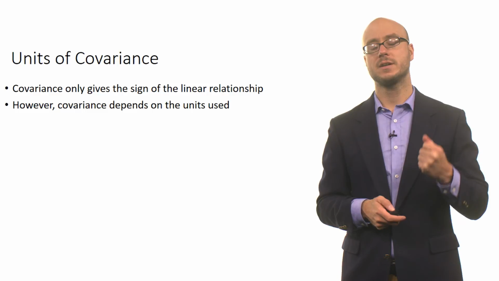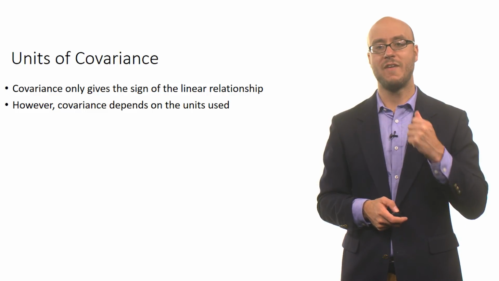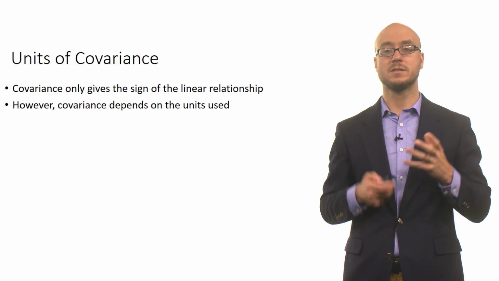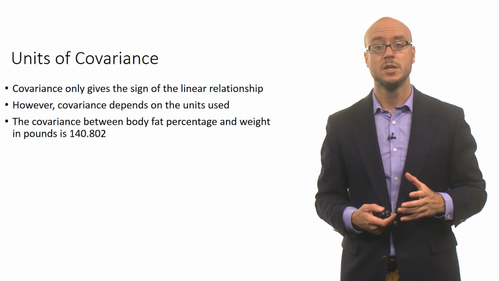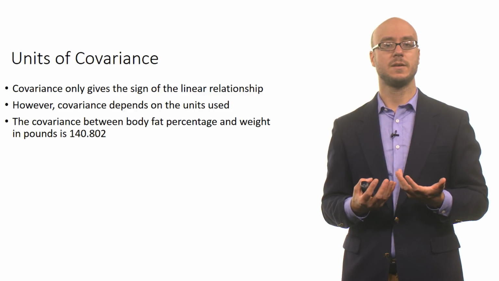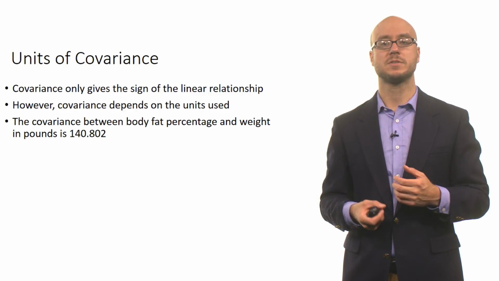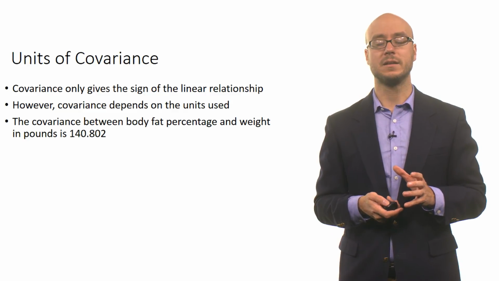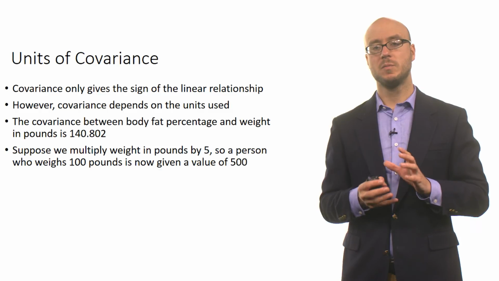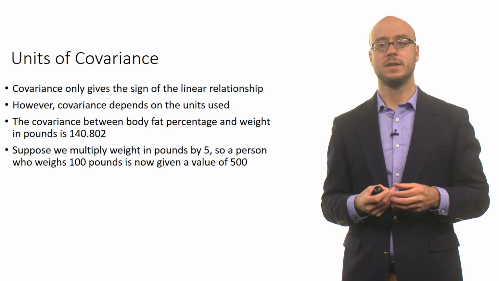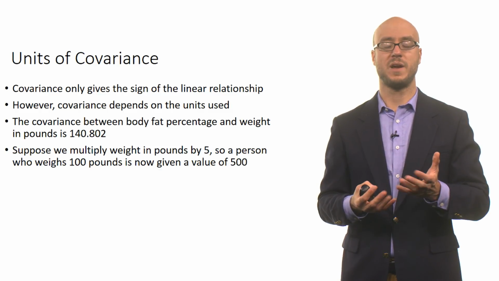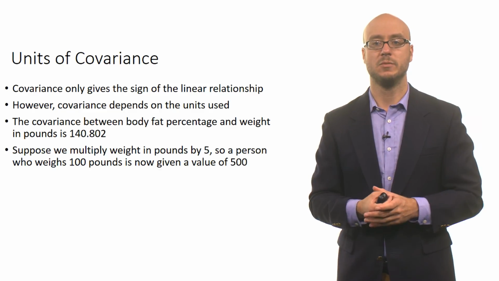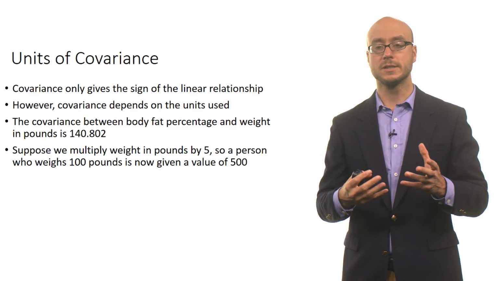The numerical value of covariance depends on the units used. In this instance of body fat percentage and weight, we found the covariance is 140.8. Suppose we multiply pounds by 5, so a person who weighs 100 pounds is now given a value of 500 pounds arbitrarily.